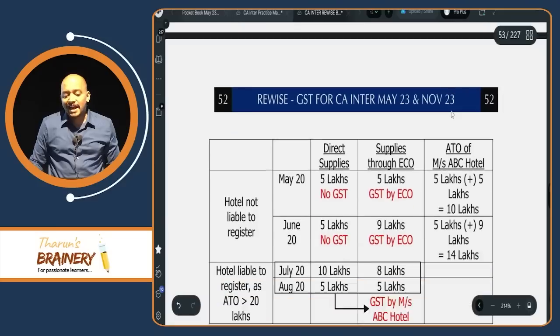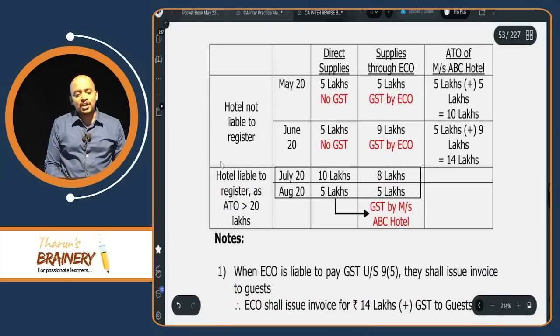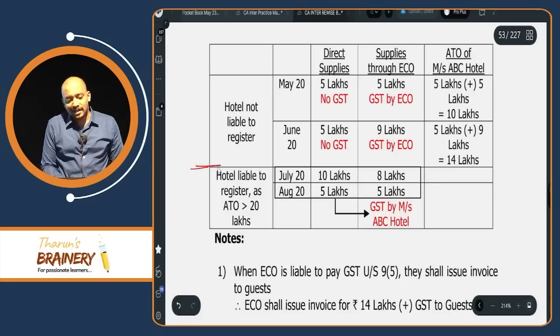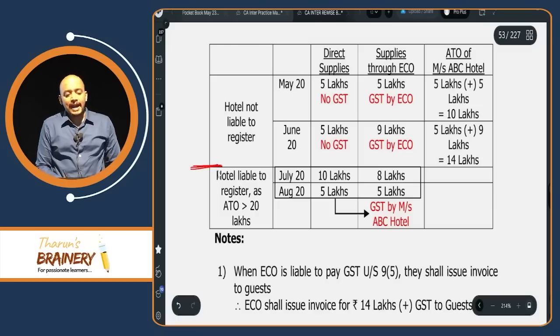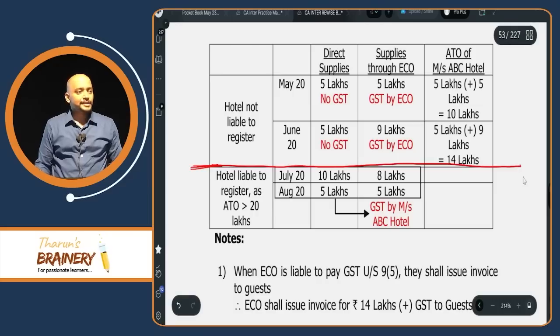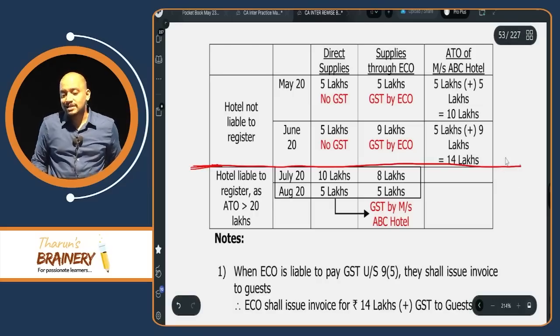So, up to the date when aggregate turnover does not exceed 20 lakhs, on direct supplies, is there GST? No GST. And on supply through the e-commerce operator, yes, who will pay GST?